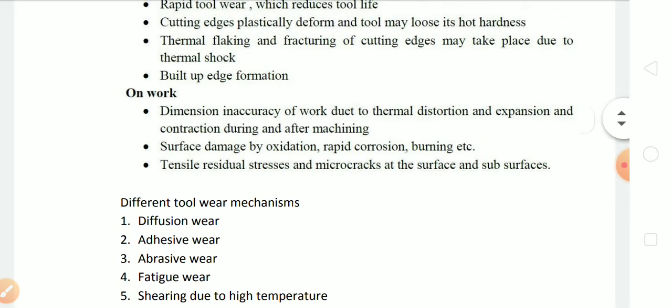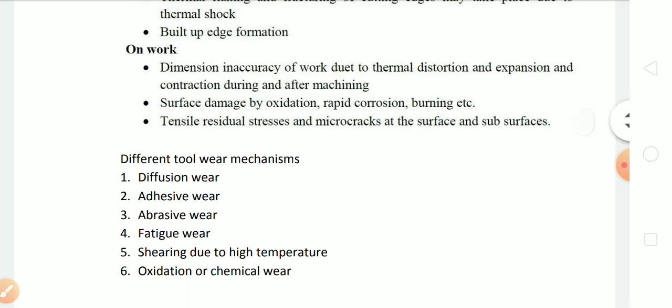Okay, so now we will discuss the different tool wear mechanisms. The mechanism is the method by which tool wear happens, or the causes of tool wear. There are basically six different tool wear mechanisms. First one is diffusion wear, second one is adhesion wear, and third is abrasive wear, also called abrasion wear.